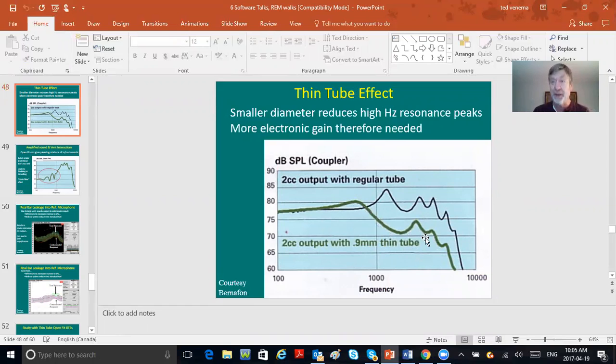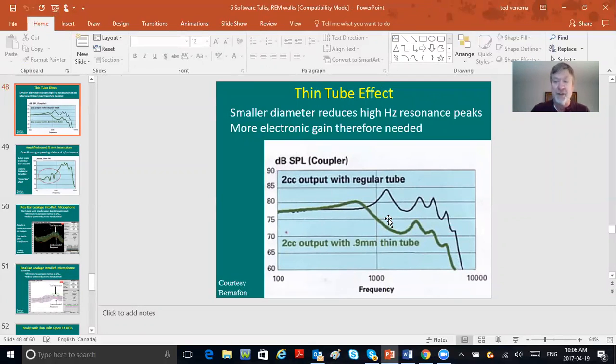Thin tube hearing aids, open fit thin tube hearing aids, have a tube diameter of 0.8 to 0.9 millimeters. So that's less than half the diameter. So you're really going to lose your highs. So the manufacturers had to make sure they realized that and compensated for that by dramatically increasing the high frequency gain to overcome this non-acoustic loss, this non-electronic loss.